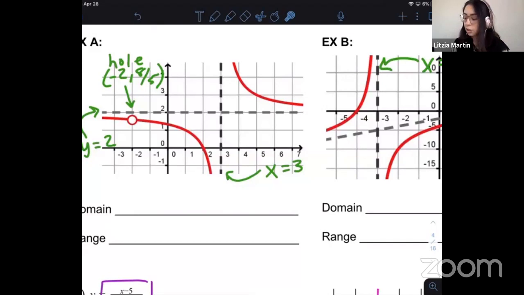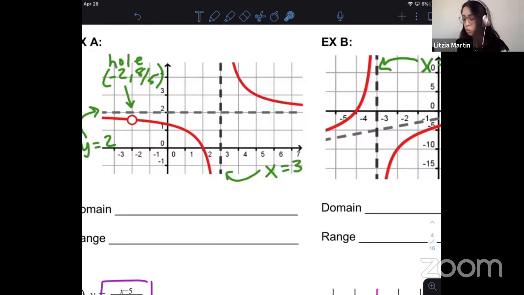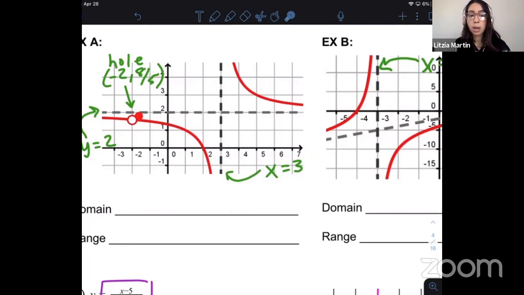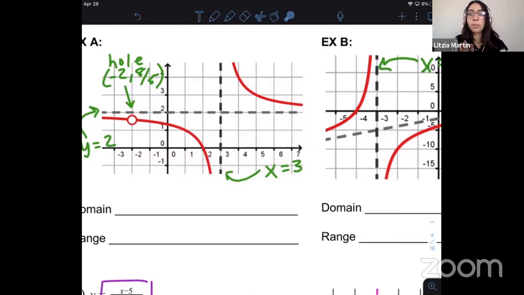All of those x values are included until we get to this hole where we're going to skip, 1, 2, we're going to skip -2 as an x value. So -2 doesn't exist here, but even -2.000001 and -1.9999999 repeating, the closest possible point, is still going to exist in the domain. The only number that is not going to exist is -2.